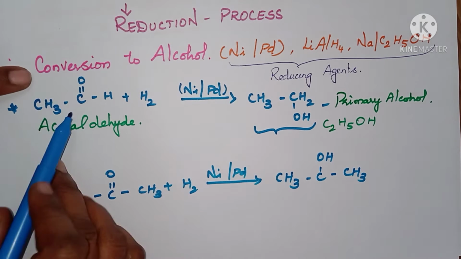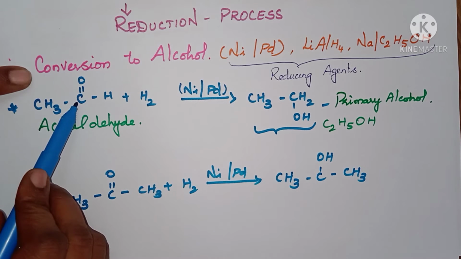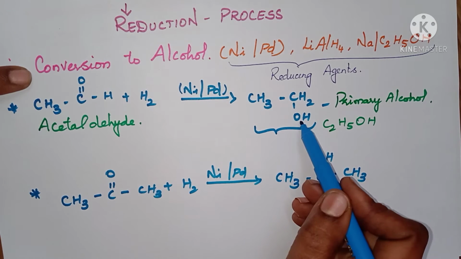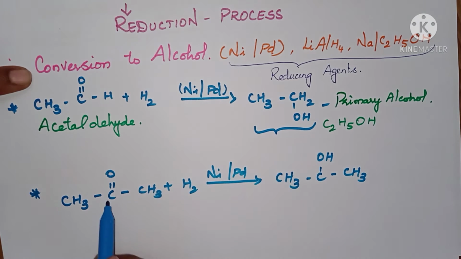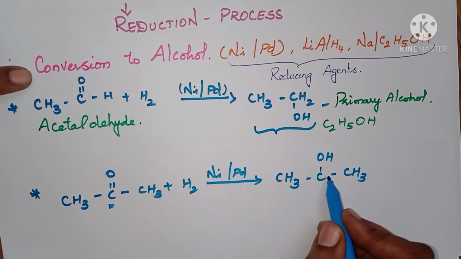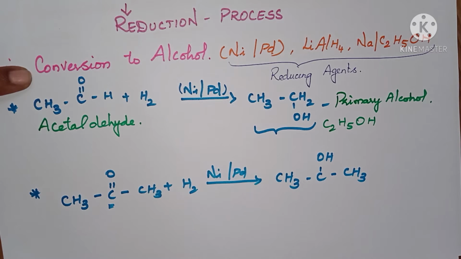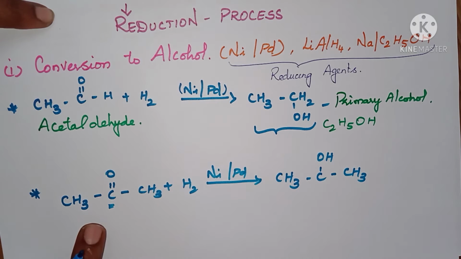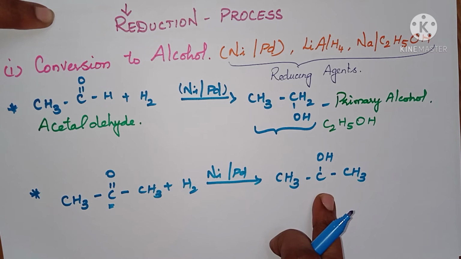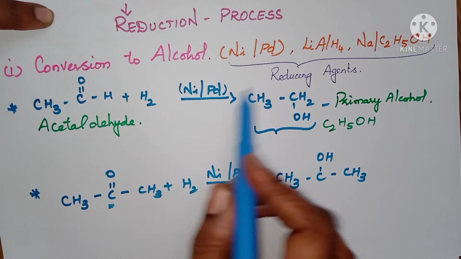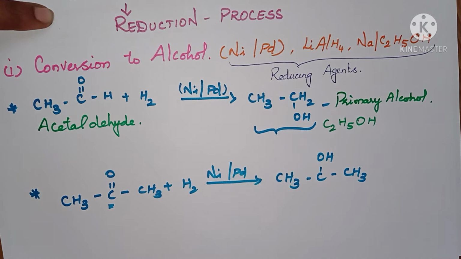You just observe, in the aldehyde the carbonyl group changes to a hydroxyl group. Here also the carbonyl group changes to a hydroxyl group. So whenever you go for the reduction process, the carbonyl group changes to alcohol. Just remember, in the reduction process here we are using nickel with palladium, and palladium is used as a catalyst.